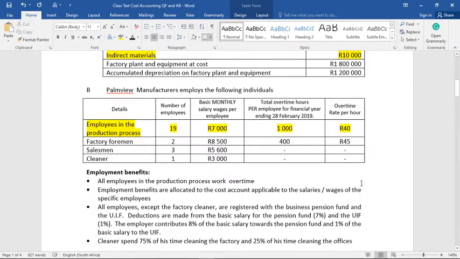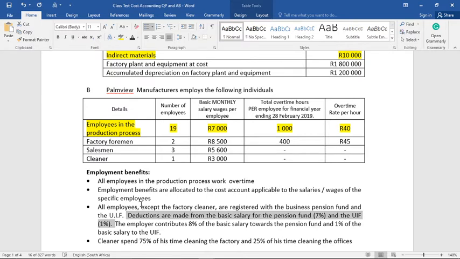However, it goes on to say over here, look carefully, that all employees except the factory cleaner are registered with the business pension fund and the UIF. It's important now to notice deductions are made from the basic salary for the pension fund 7% and the UIF 1%. Guys, that is irrelevant.